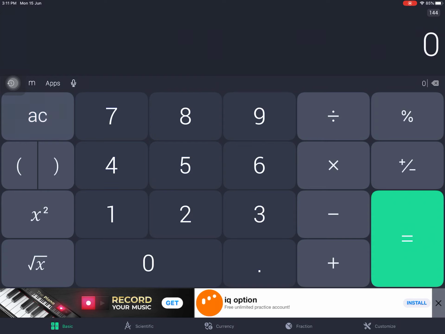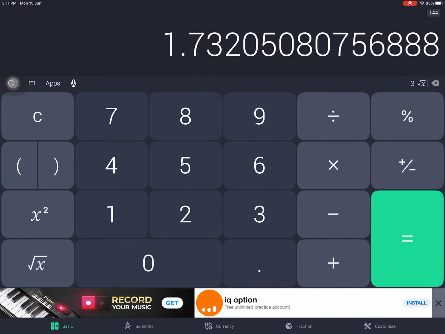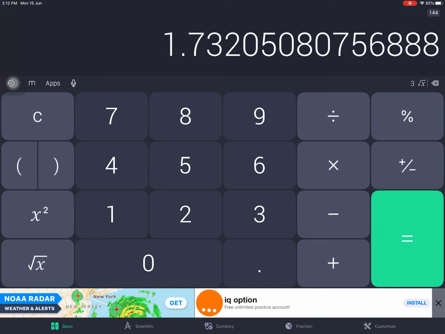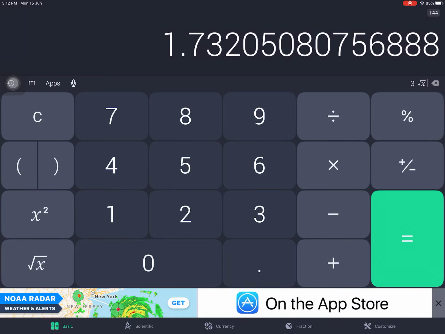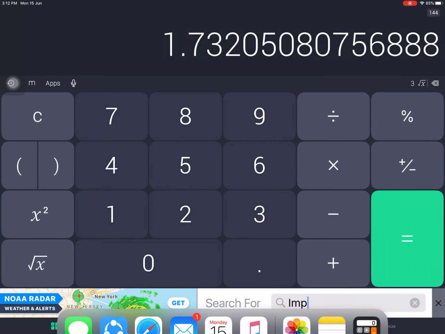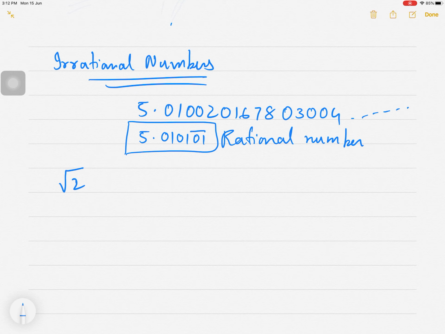Similarly, root 3 is also an irrational number, 1.732050, it keeps on going. It is neither terminating nor repeating decimal. So root 3 is also an irrational number.